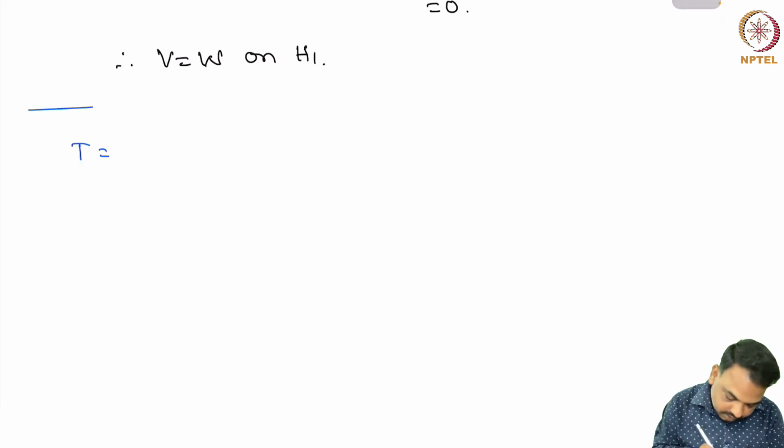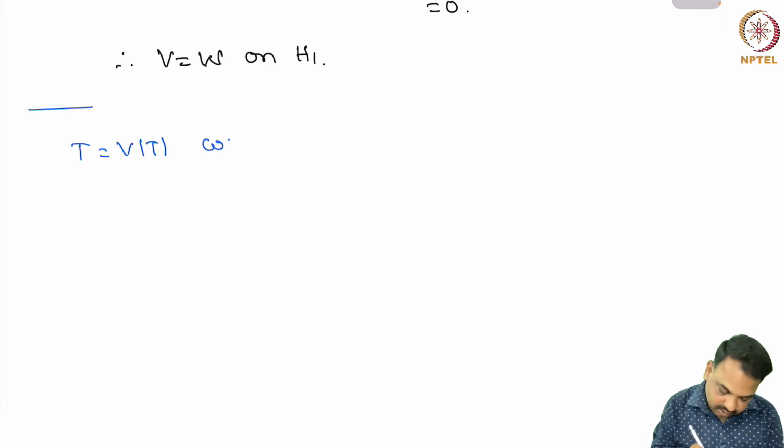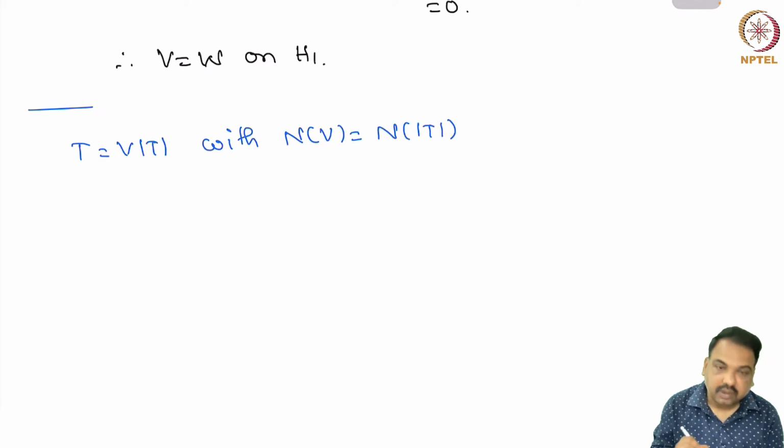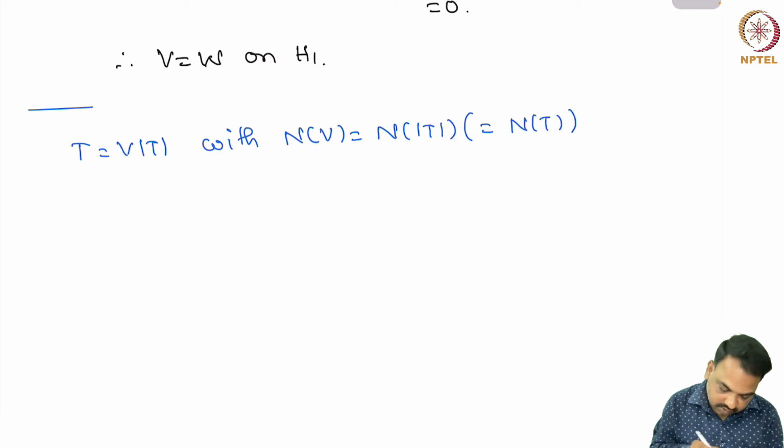So T equal to V mod T with null space of P is null space of mod T, or we can say that this equal to null space of T. So this is called the polar decomposition of T.